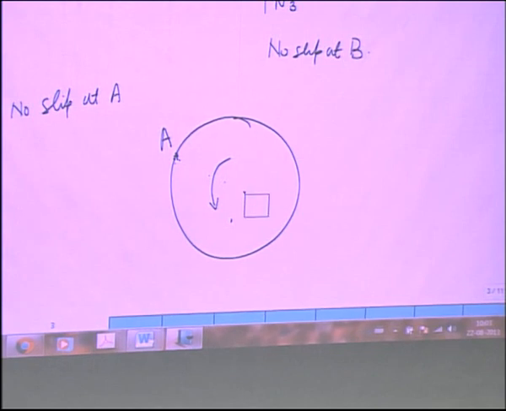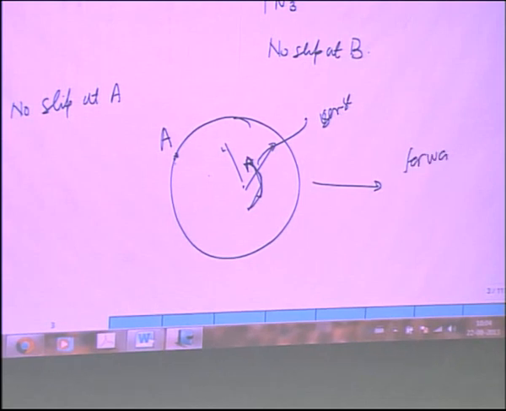Let us see, 1 minute. This is A. Let us see if it is anti-clockwise, yeah. So, if this is the sense of omega, then the center will move with respect to this, OA, it will move like this, it will have a forward component of velocity.